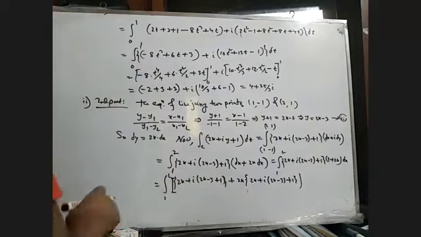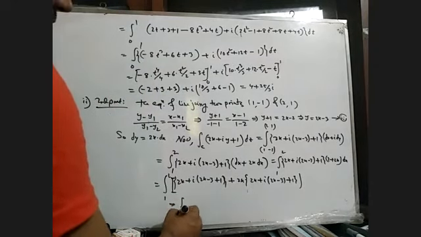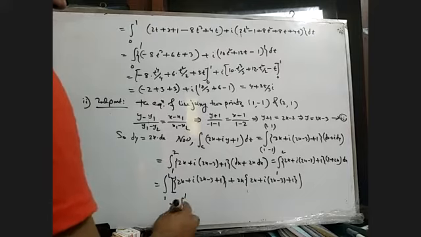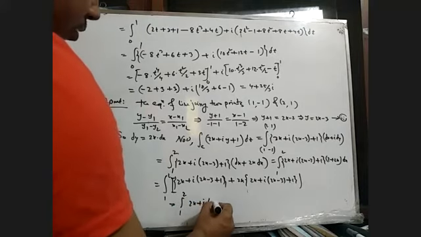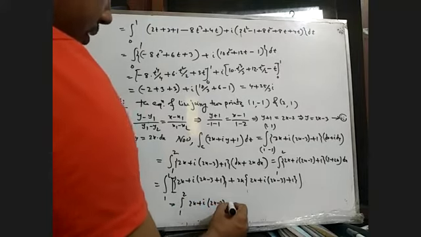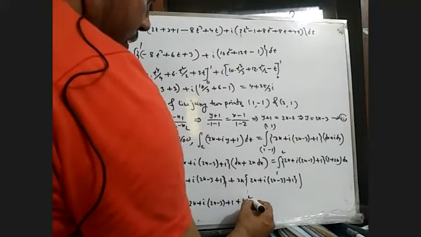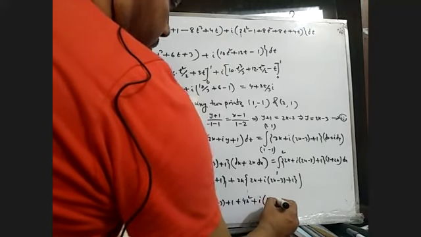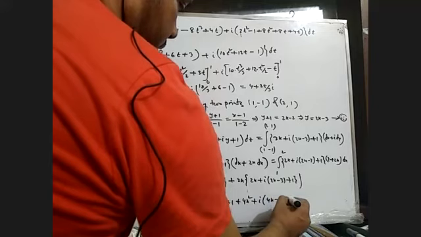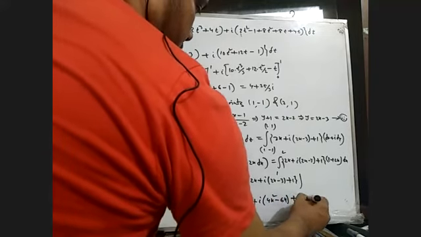So from this line we can write actually integral limit 1 to 2, twice x I, twice x minus 3 plus 1 plus 4x square plus I, what will be 4x 6x, 4x square minus 6x plus twice x.